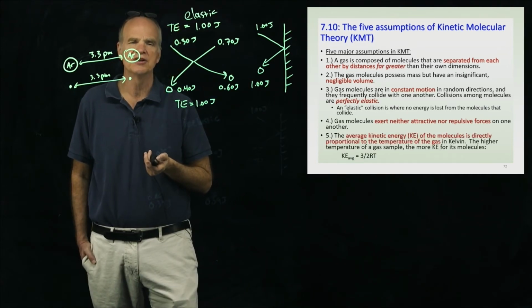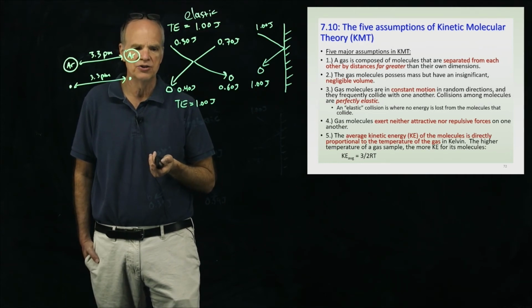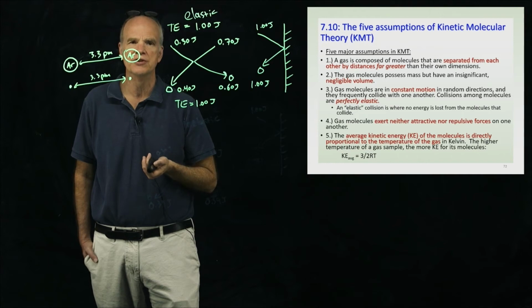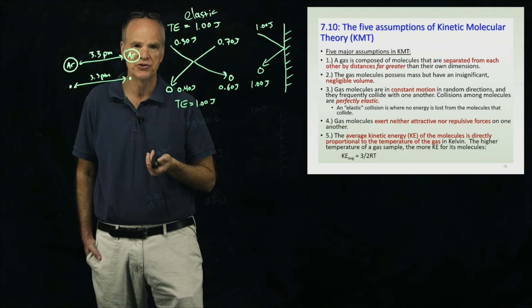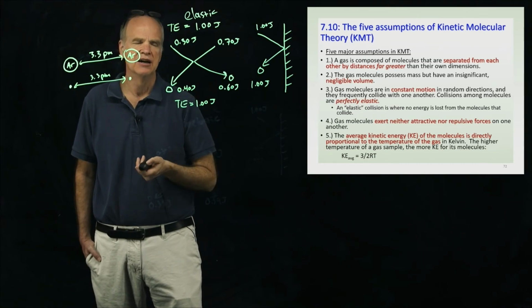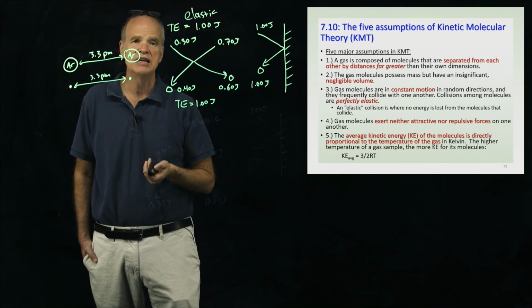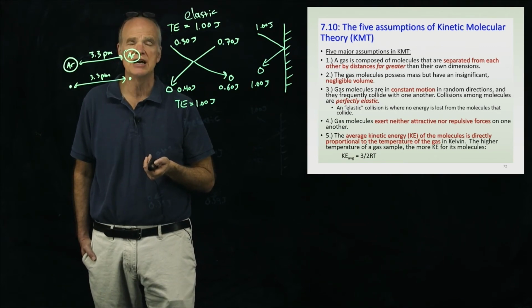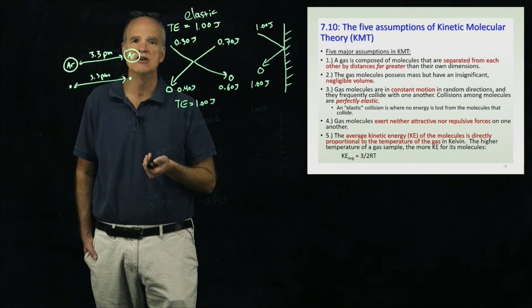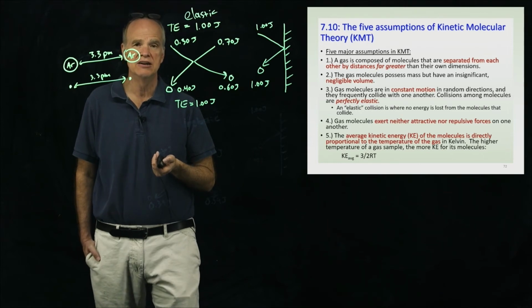The final postulate of kinetic molecular theory is that the kinetic energy of molecules is directly proportional to the temperature. So if you have a gas, call it A, at a certain temperature, let's say 300 degrees Kelvin, it is going to have in total a certain amount of kinetic energy. If you have a gas B at the same temperature, again 300 degrees Kelvin, it's going to have exactly the same kinetic energy. And the higher the temperature of the samples of the gas, the greater kinetic energy it will have.